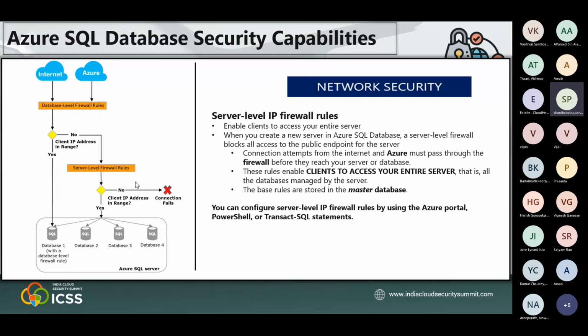In that condition, my access will be validated, whether I sit at the database level or server level, and it will take me to the respective location. The server level enables the entire server, that way multiple databases will be accessible. Most of the time, the administrator and the key people have server level access to reach multiple databases, right?